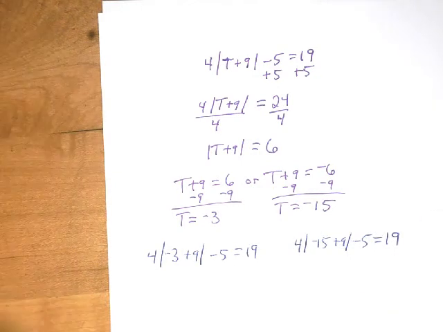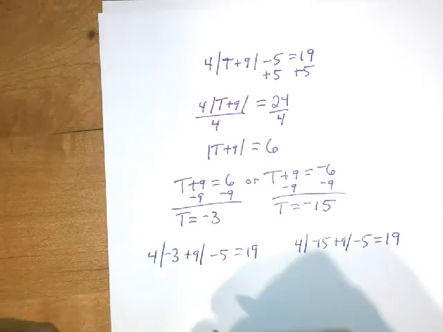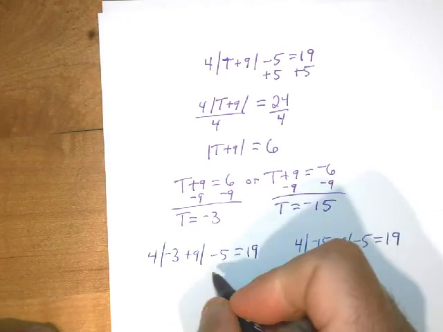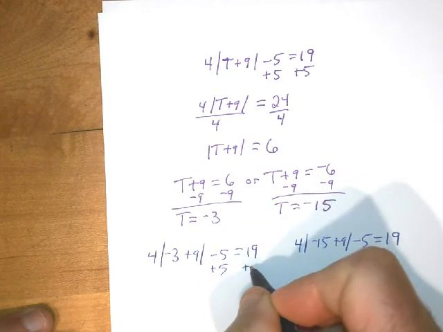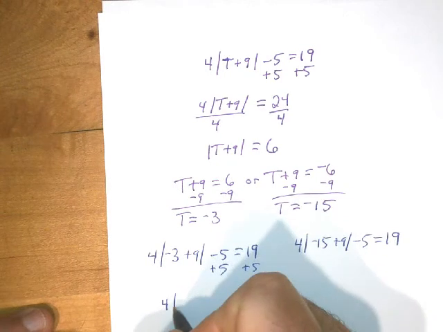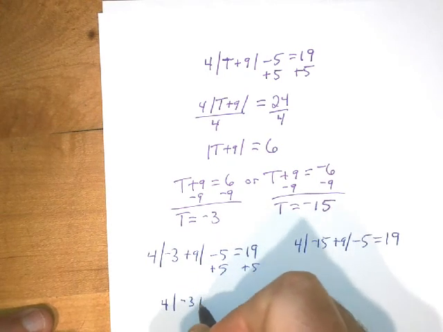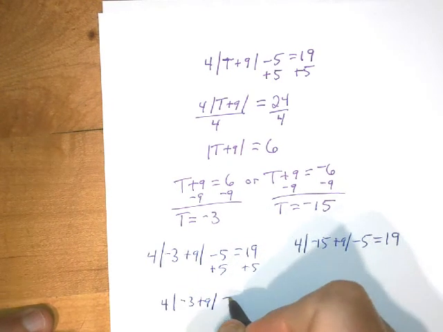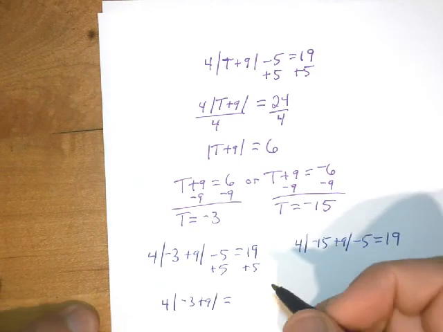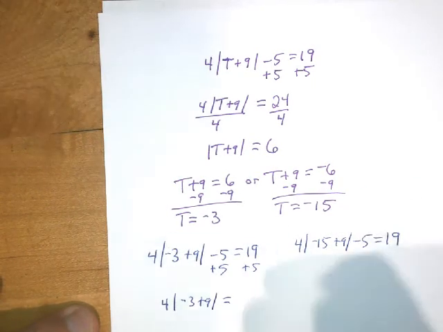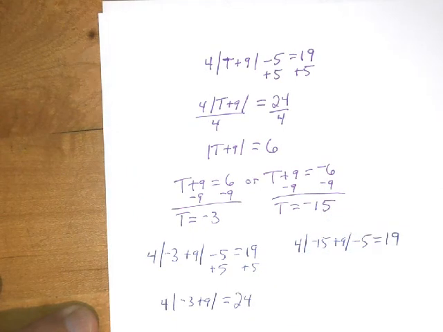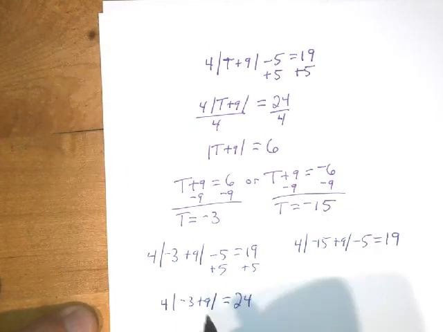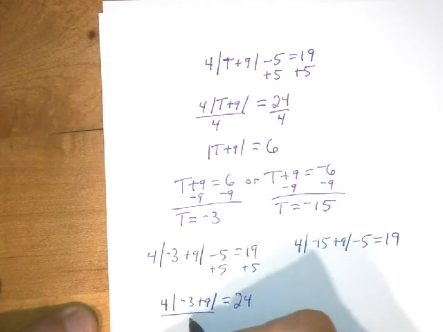So these should look identical except for our two t's are different. So minus 15 here and minus 3 there. And then we go through and we solve it to make sure we get 19 equals 19 for both of these. So we're going to add 5. 4 minus 3 plus 9. And I probably could have cleaned that up. Also, there's a couple different ways you can go through this.